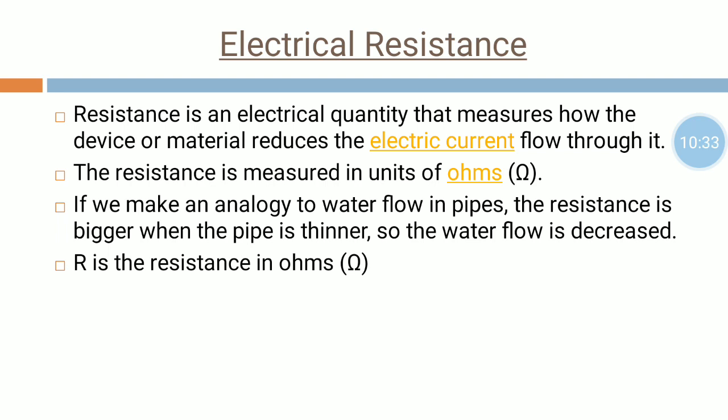When we connect a resistor in the circuit, the amount of current flowing through it decreases. We resist the flow of electricity by using resistors. The amount of current we resist is called the resistance, and it is measured in ohms. So R is the resistance, and the unit is ohms.